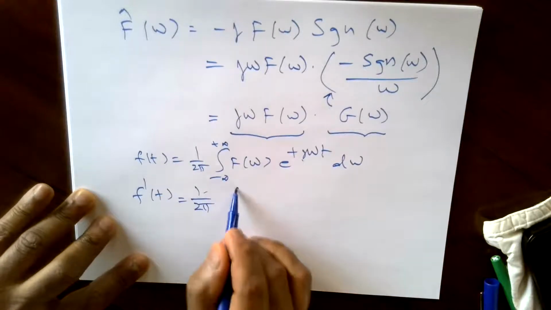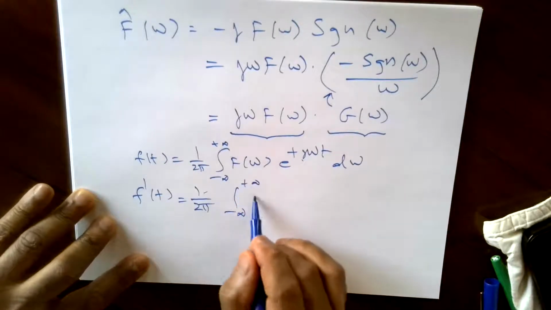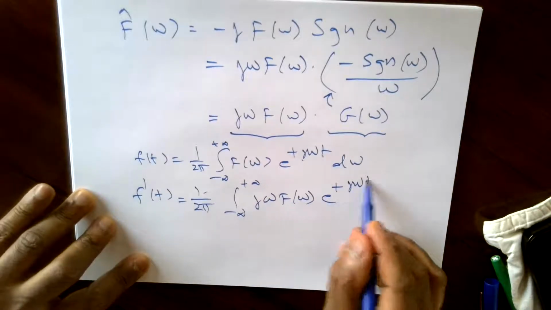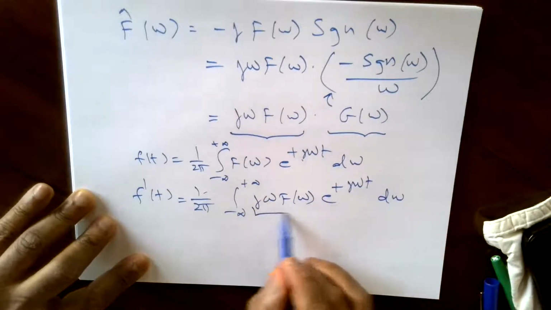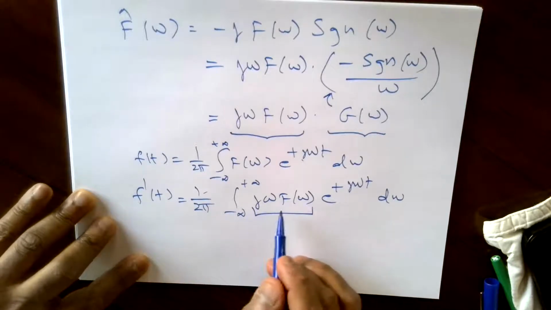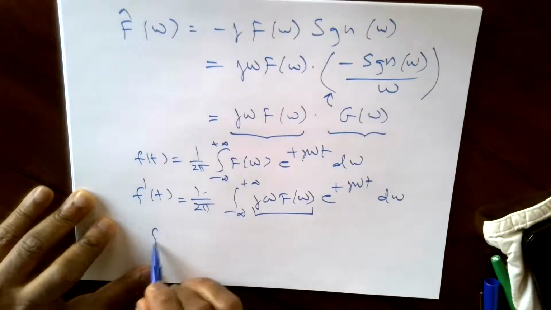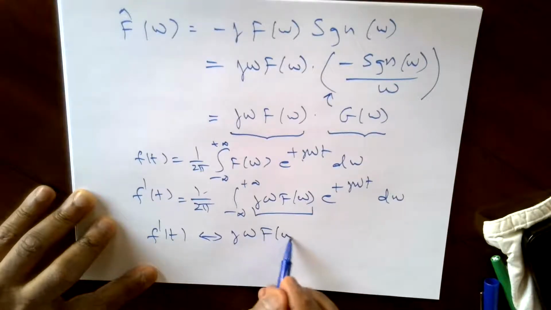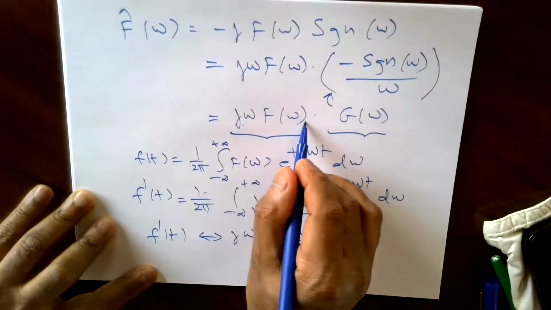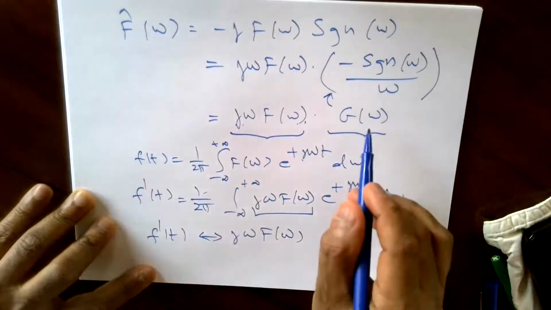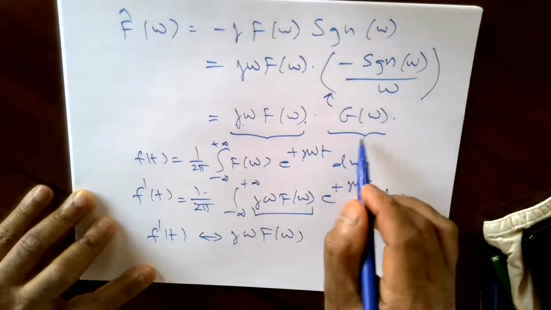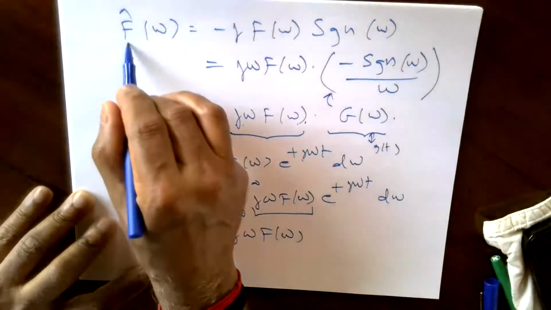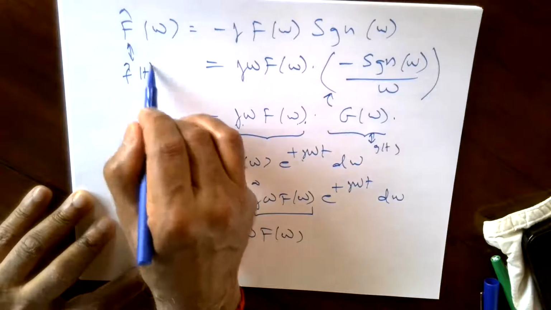So we can interpret it as the inverse Fourier transform of f prime of t. So f prime of t has the transform j omega F of omega. Look at here, we have j omega F of omega. And if I call the inverse Fourier transform of this G of t, and the inverse Fourier transform of this is f hat of t, which is what I'm looking for.